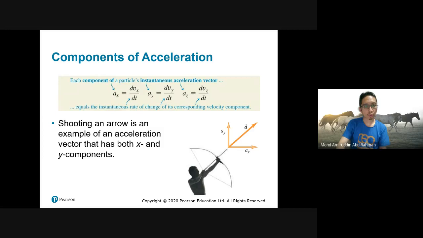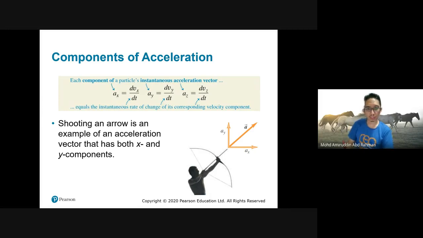As with velocity, we have x, y, and z components as well. Those are the components of the instantaneous acceleration vector: ax, ay, and az. For example, we have an archery competition.